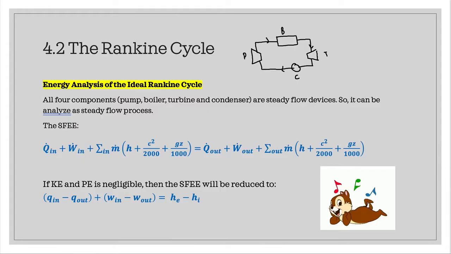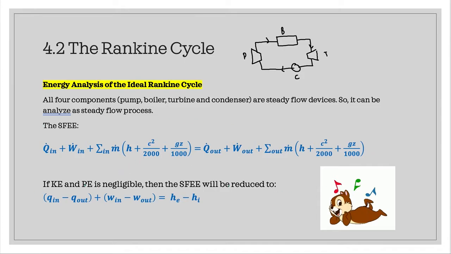Next, we go to the analysis of the Rankine cycle. All of these components are steady flow devices. We already covered SFEE devices in our previous chapter. So each of these components we can analyze using the SFEE equation, which is given in this equation.